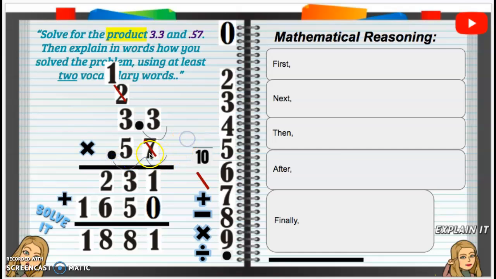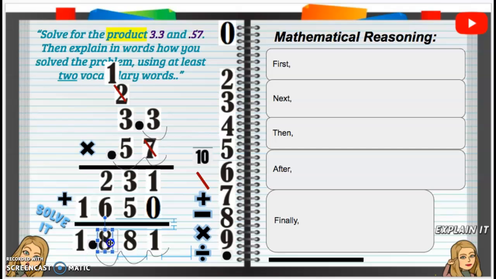So we move in 3 total. So we swoop 3 times in our answer. 1, 2, 3. So our decimal is going to go between that 1 and that 8 in the beginning here. So our answer is going to be 1 and 881 thousandths.